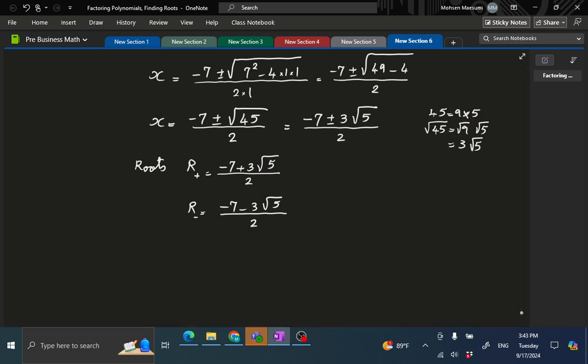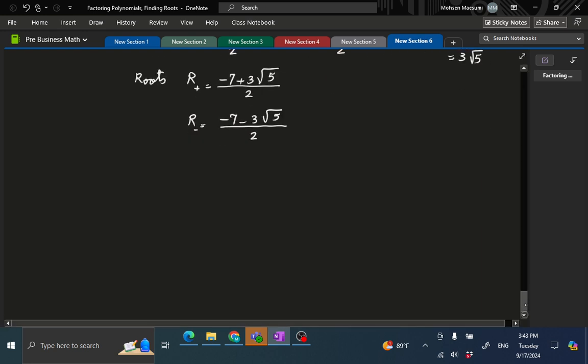So then we can find, if you want to, we can do factorization. It is x minus one root and x minus the other root. But the idea was that you can get two roots, and that is how to do it.